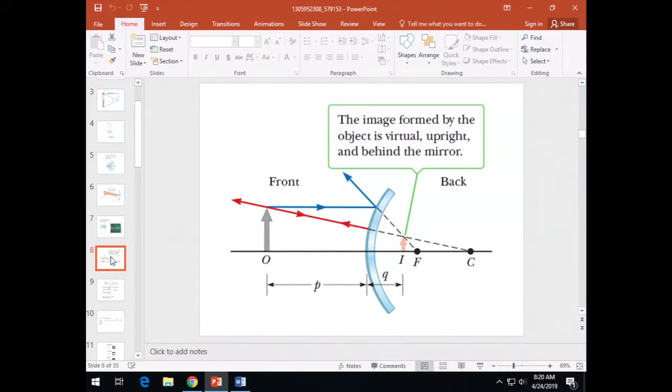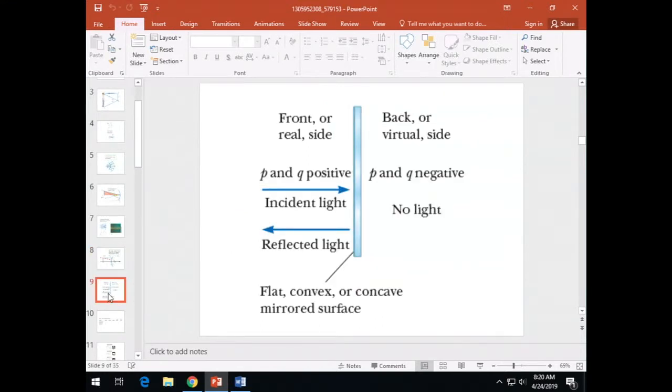If I'm dealing with mirrors, on Friday we did some of the ray diagrams to figure out where the mirrors would be and where the radius of curvature is. On the real side, or the front side, is where the light rays actually are. That's why I brought in the rays, so you could see those rays bouncing. Laser pointers and laser boxes have made it really nice to look at those kinds of things.